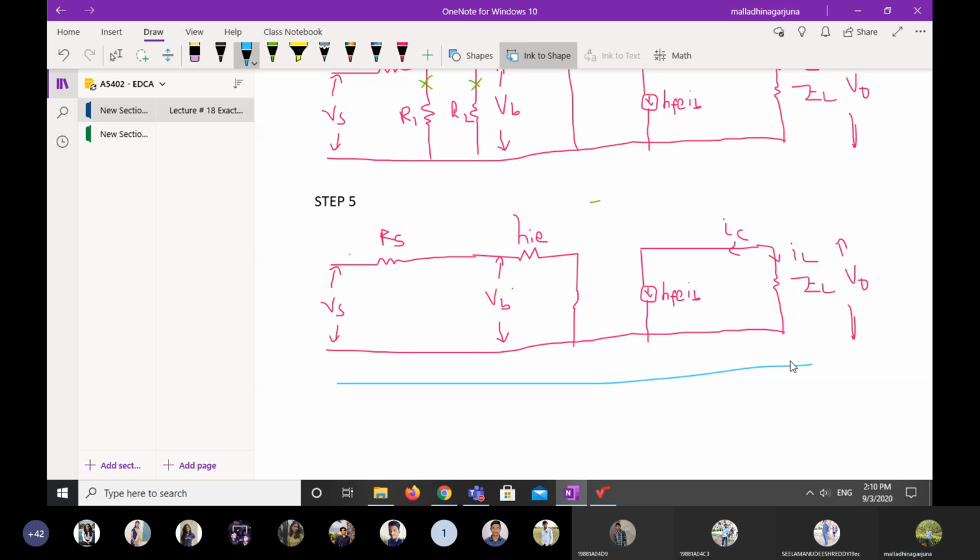Third, simplify the circuit after replacing the capacitors by short circuits, and replace all active devices by the H parameter model. Then the final circuit. So this is my final circuit here.